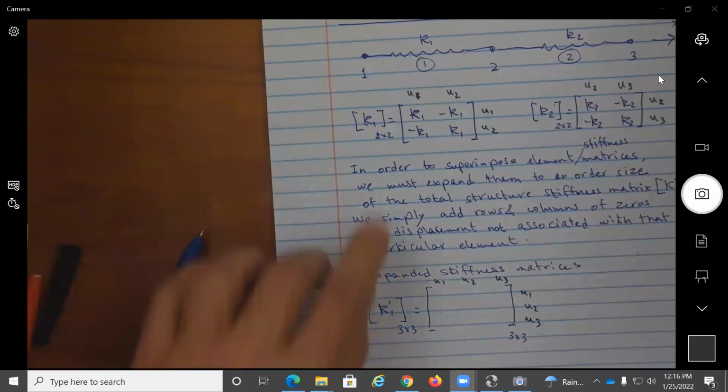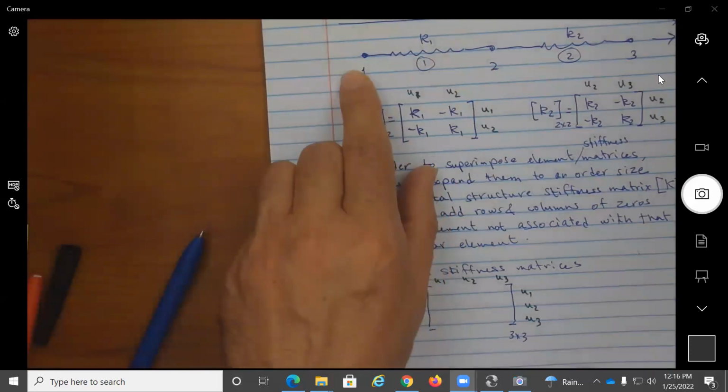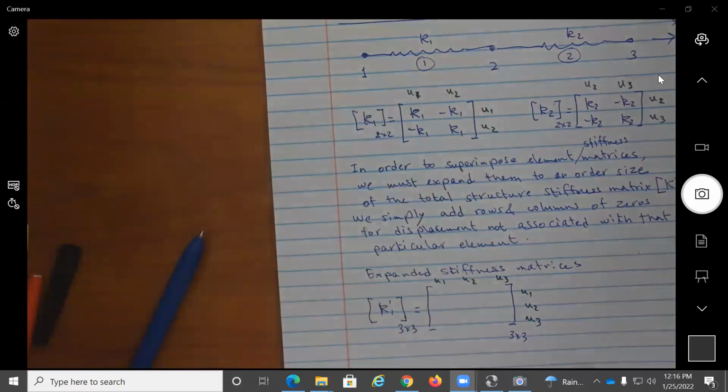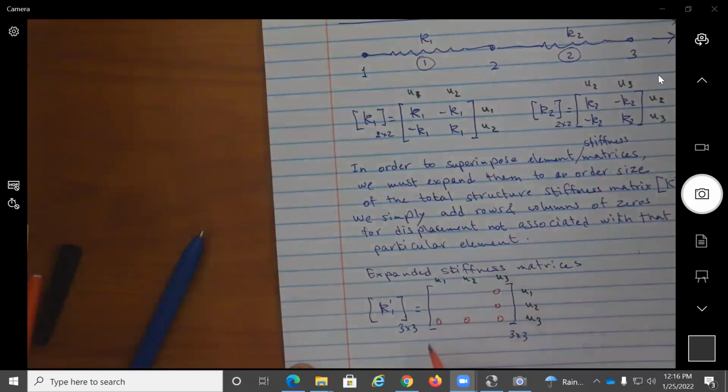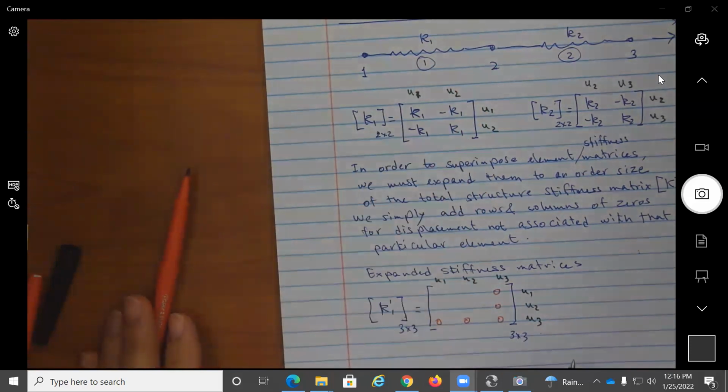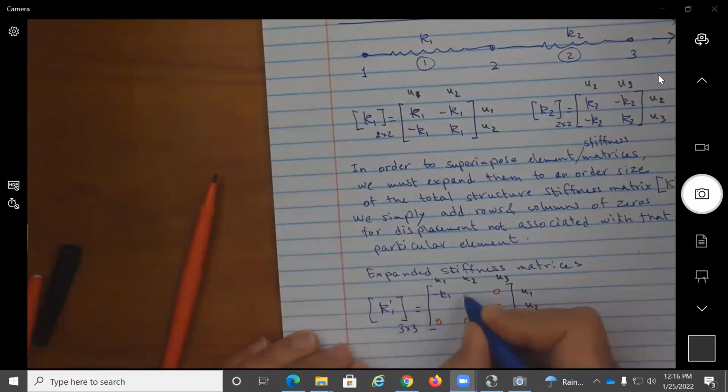Now clearly, element 1 extends between node 1 and node 2 and is related to displacements 1 and 2, but not to displacement 3. So we are going to fill in zeros corresponding to the third displacement, or U3. Then I'm going to simply copy the elements from my element stiffness matrix K1. So I'm going to have minus K1, K1, sorry, this is a plus, this is a minus. Sorry, I messed this up. Minus and plus.